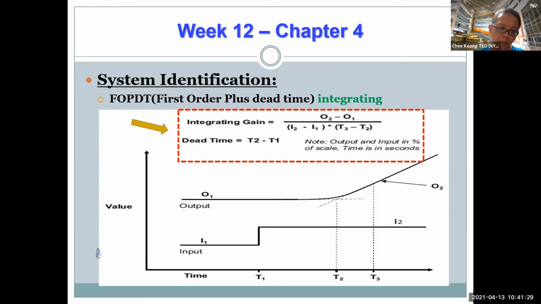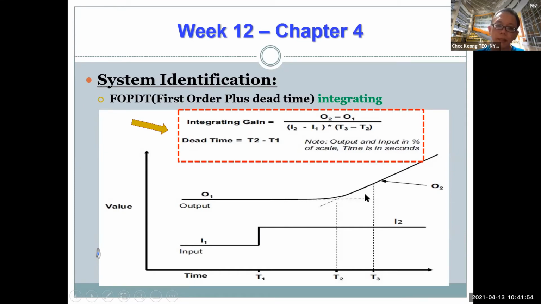And that's basically the integrating gain and the dead time. Dead time computation is exactly the same as the self-regulating. It's just the time taken for the idling. That means from T1 to T2. So basically it's T2 minus T1, right? So this is the dead time. So the dead time is actually the same. But the integrating gain is slightly more complicated to compute.